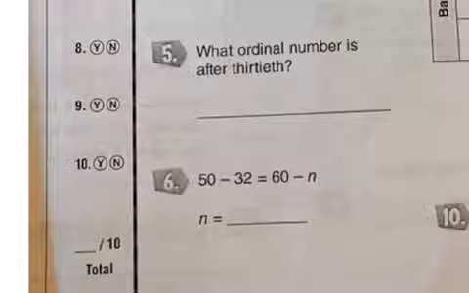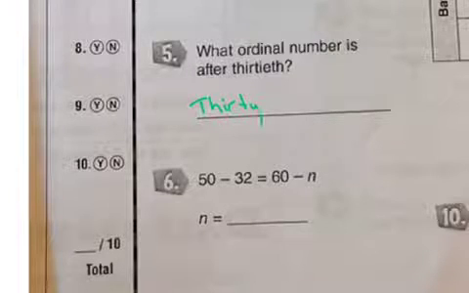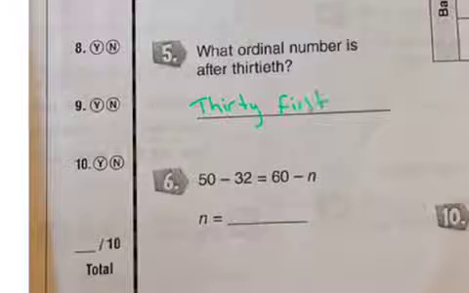So after 30th, what number comes after 30? 31, right? So the next ordinal number would be 31st. That's something you'll be able to do quite easily once you understand what an ordinal number is.